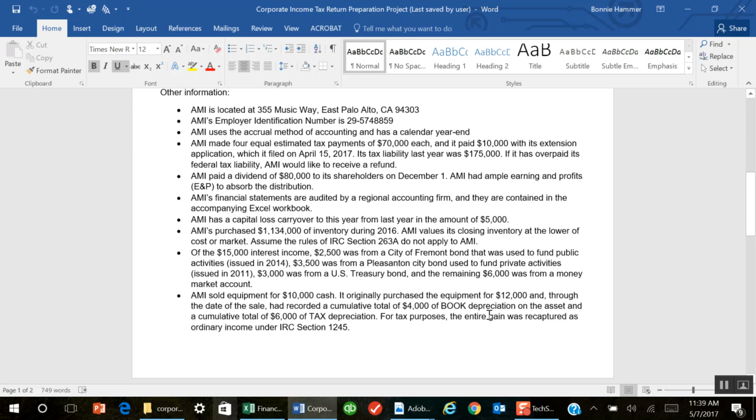It was originally purchased for $12,000, and through the date of sale, they had recorded a cumulative total of $4,000 of book depreciation. And I capitalized book depreciation for you. Hint, hint, right? And I capitalized the fact that they had accumulated $6,000 of tax depreciation.